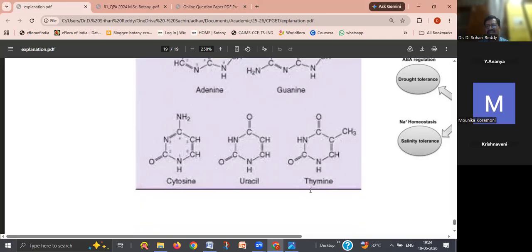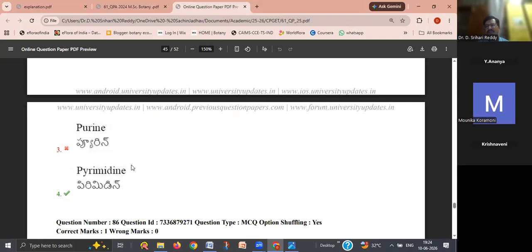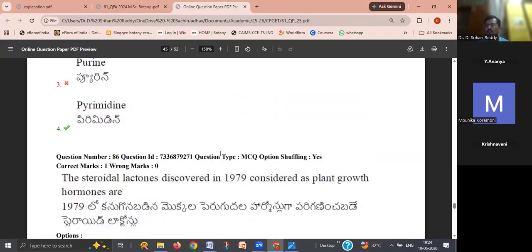Cytosine and thymine are present in DNA, whereas uracil and cytosine are present in RNA. Instead of thymine, uracil is present in RNA, and instead of uracil, thymine is present in DNA. That you should remember. And these three are called pyrimidines. So the right answer to the question is pyrimidine. Uracil is a pyrimidine.